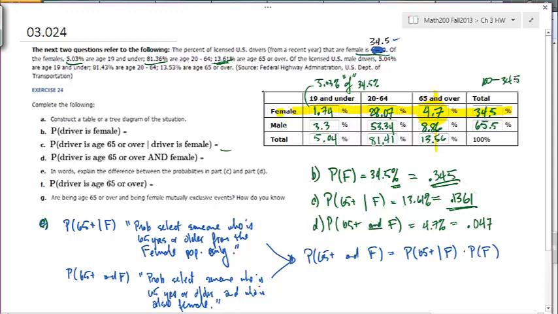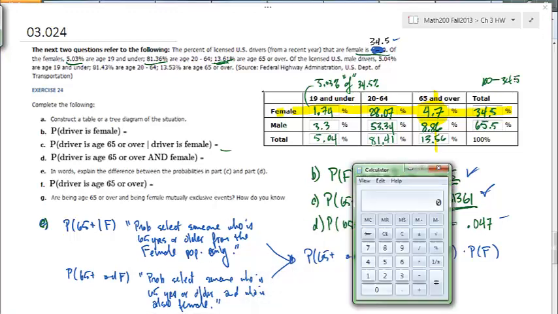So if we take a look at these three answers over here, if we multiply this probability times the probability that they're female, we should get the "and" probability. So let's go ahead and check that.